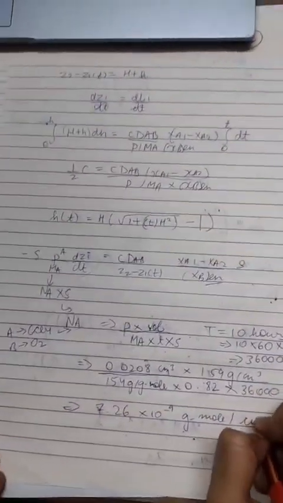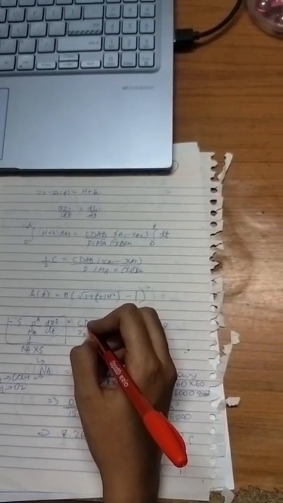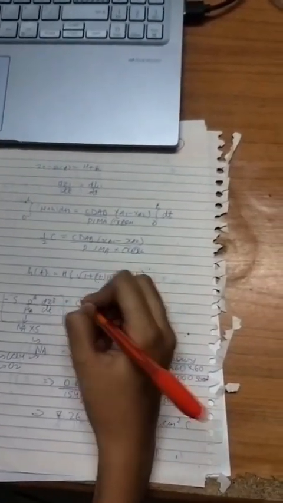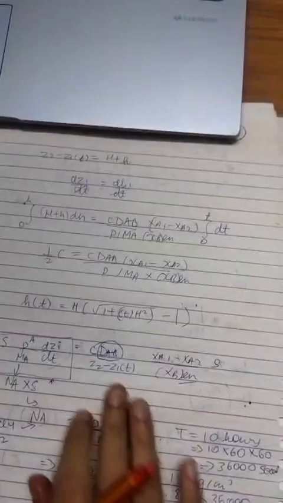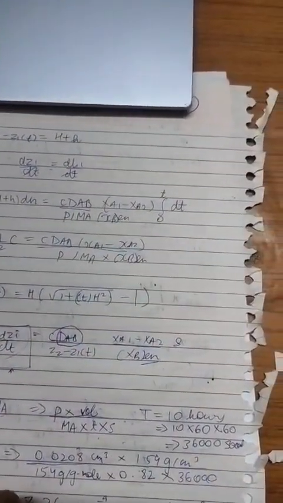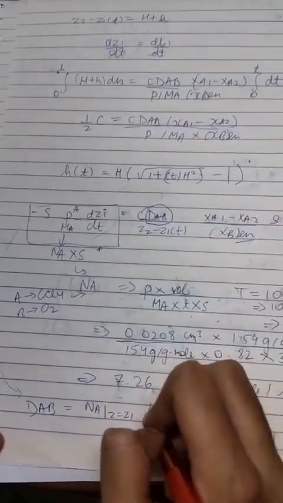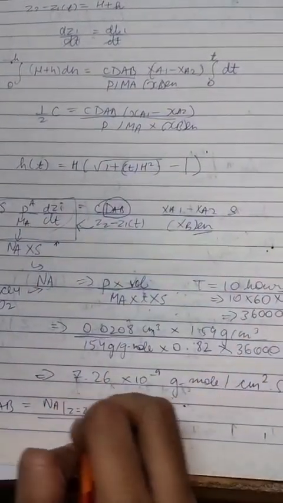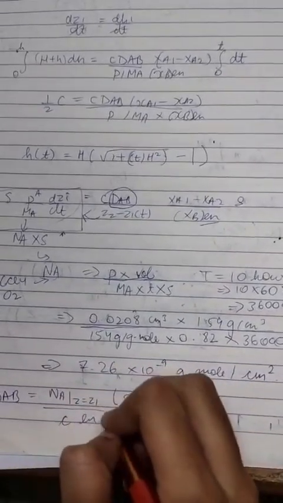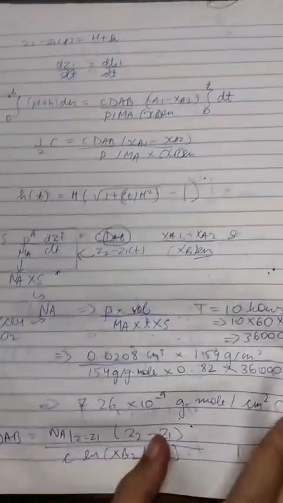Now in this equation, we have obtained the left hand side. To get the value of DAB, we are going to put in the value that we have obtained. So on rewriting this equation, DAB is NA at Z equals Z1 into Z2 minus Z1, moving Z2 minus Z1 here, upon C ln xB2 upon xB1.